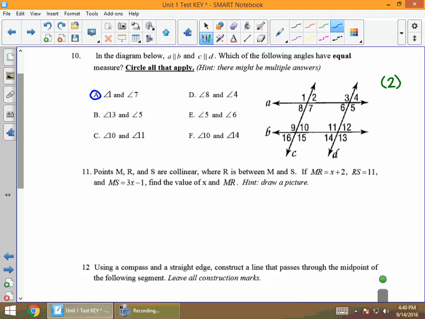Let's take a look at B, 13 and 5. It tells us that A and B are parallel, so 2 parallel lines cut by transversal D. 5 and 13 are corresponding angles, and corresponding angles are congruent. So B should be circled. Those 2 are congruent. Let's look at 10 and 11.